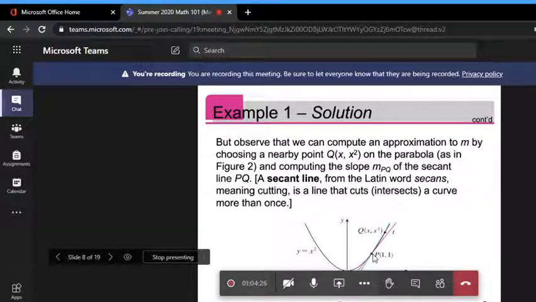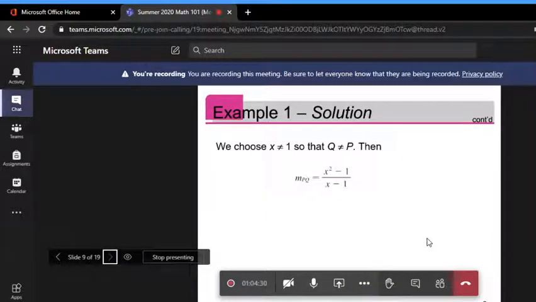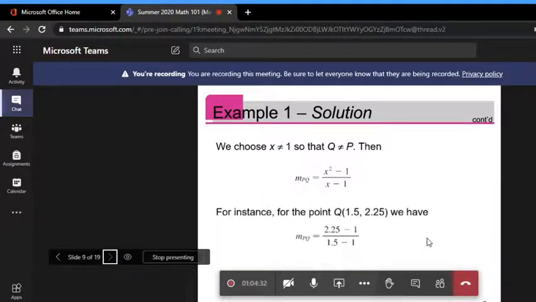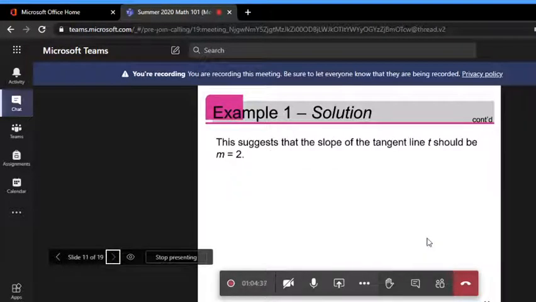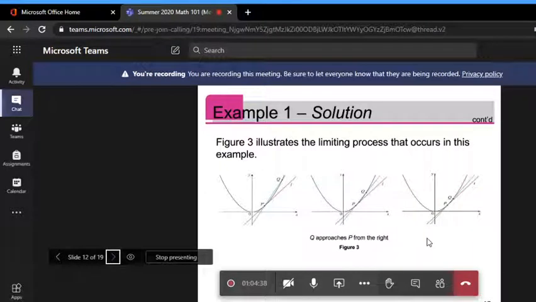So how do we come up with that? Here's my picture. Look at this picture. This is the P, this is the tangent line. We are interested in finding the line equation. They thought that they could only approximate the slope.